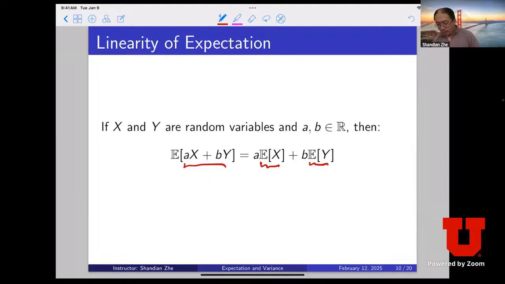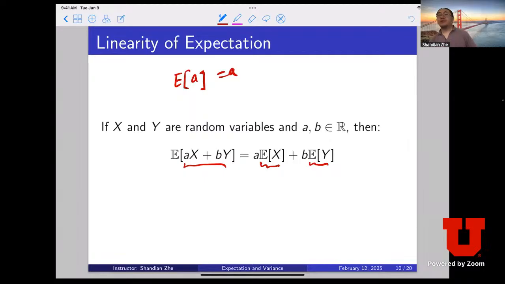And another thing I want to mention is that if you take the expectation of a constant, where A is a constant, not a random variable, what's that? It's simply A. It's just a constant.